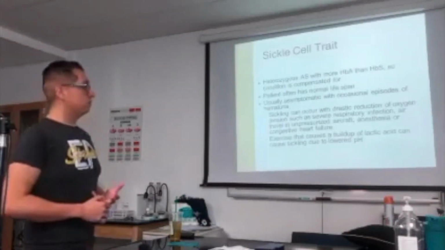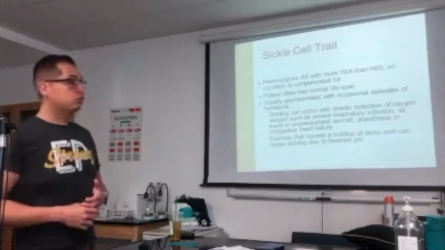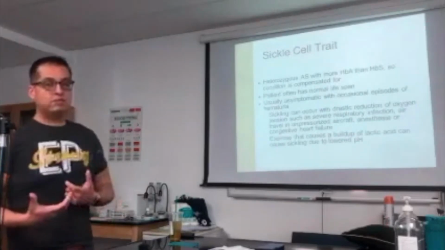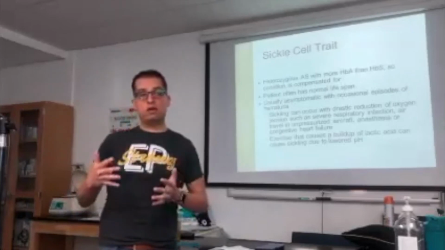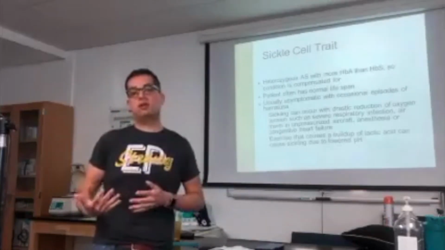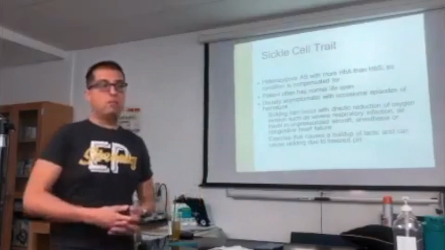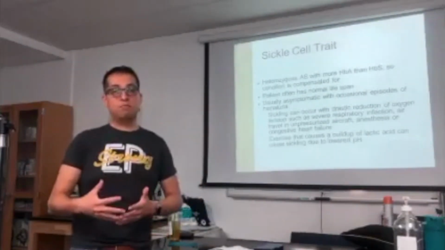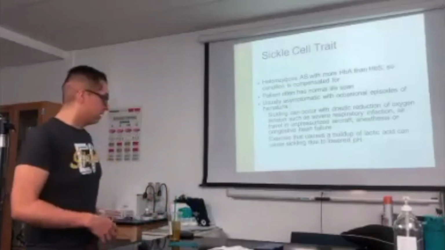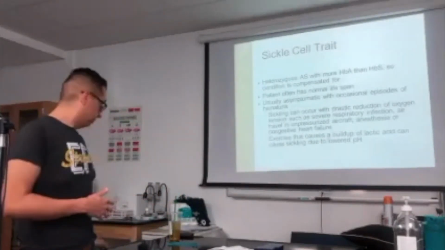Exercise that causes a buildup of lactic acid can also cause sickling due to a lower pH. So again, we really don't see critical signs and symptoms in patients that are just carriers. Usually it's only in a really severe crisis that the RBCs start to sickle, and we can see it in the differential.